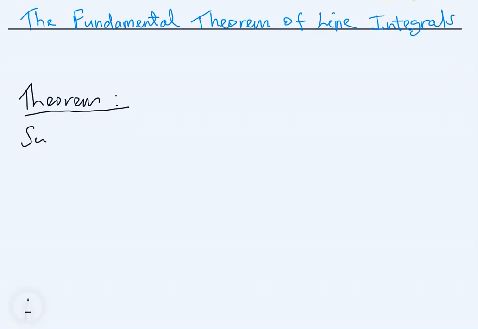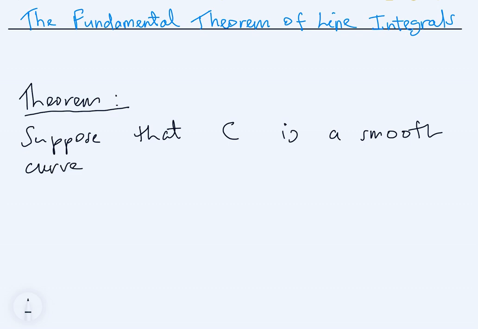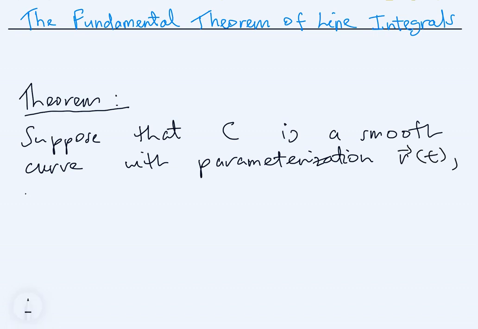Okay, so we're going to suppose this. Suppose that C is a smooth curve with parametrization r of t, where t ranges between a and b.